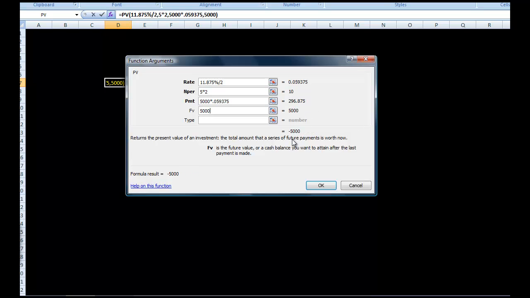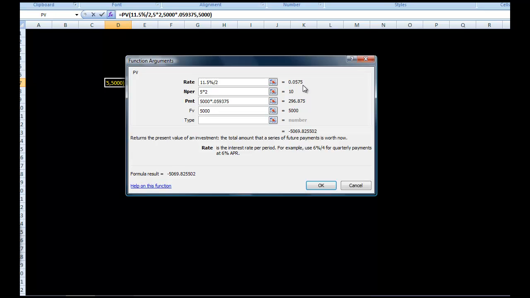Notice down here, it tells you that if the face value and the market interest rate are the same, the bond is worth $5,000. But we've been talking about what happens if the market goes up or down. What would somebody be willing to pay for this bond? So let's change this. Let's say the market's only at 8.5%. The semi-annual interest rate is 5.75%.